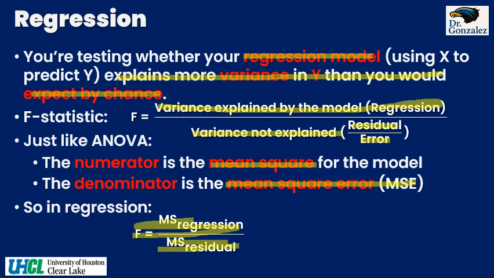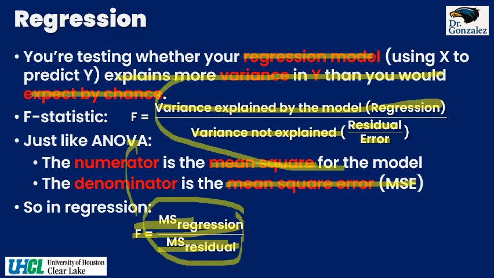So I hope you're seeing a pattern that I can take that formula and I can expand it to this formula up here. And then I can take that and I can go back to other things and pull out different parts. So it can get super complicated, which is why I'm very grateful that we have statistical software. But it is important for you to understand conceptually that an F statistic used in regression is how much variance is explained by my model and how much isn't.